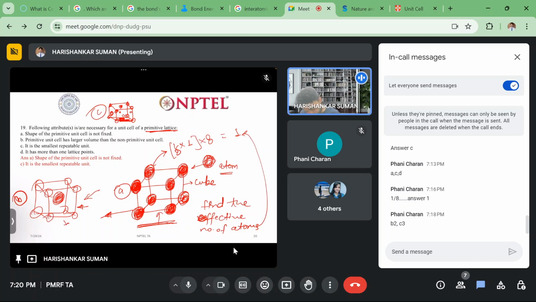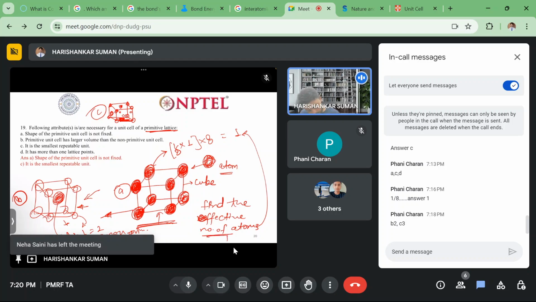Here it is also simple. One is inside and the corner contribution is one, so the total is two. So this is non-primitive, but this one is primitive.